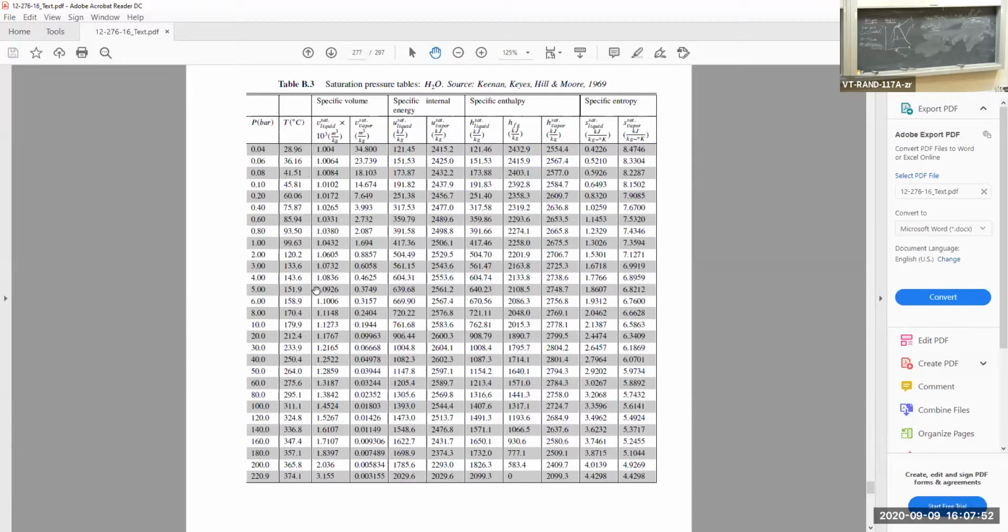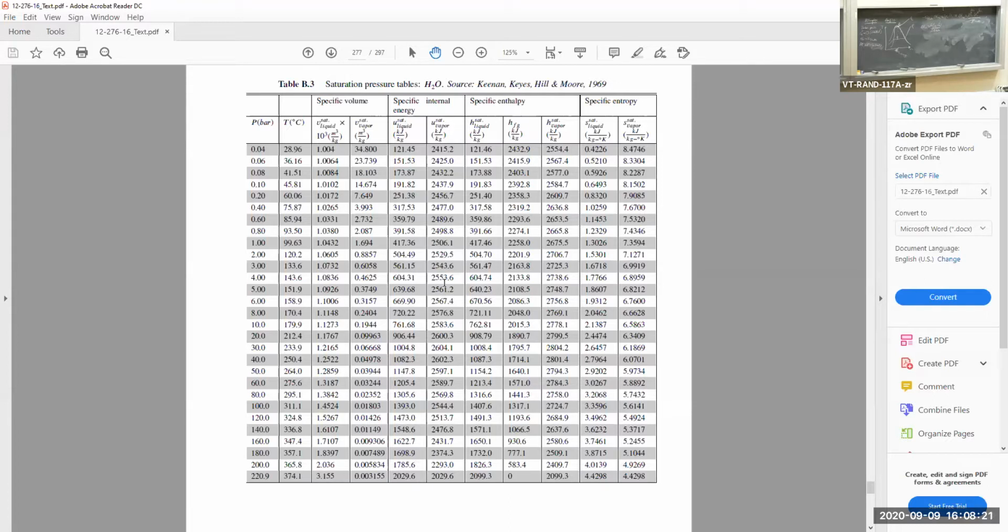It looks like it's about approximately halfway between. Through a little interpolation, I find 2,557 kilojoules per kilogram, which is approximately halfway between these 2 data points.